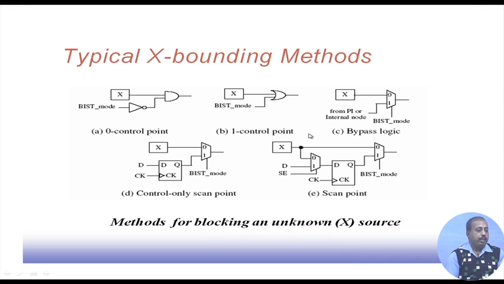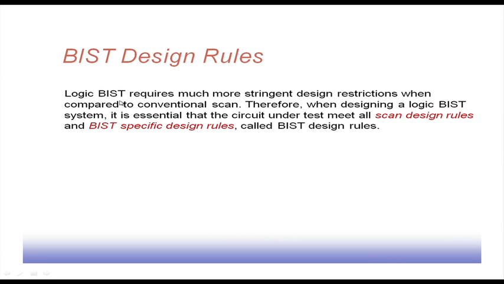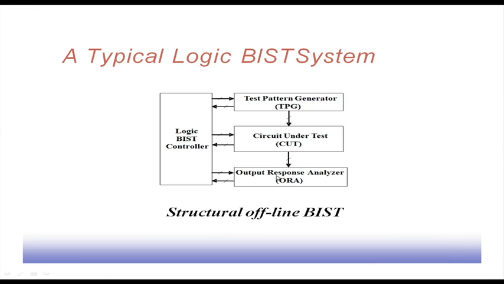A basic problem with BIST based analysis is that there may be some x values, some unknown or do not care values that may come. The test pattern generator is generating the patterns one after the other.